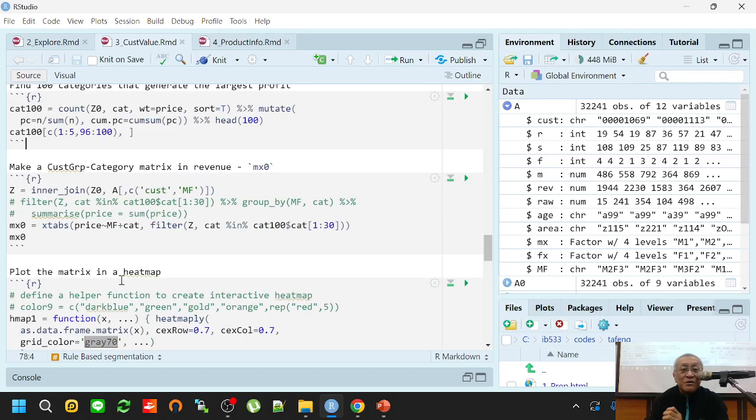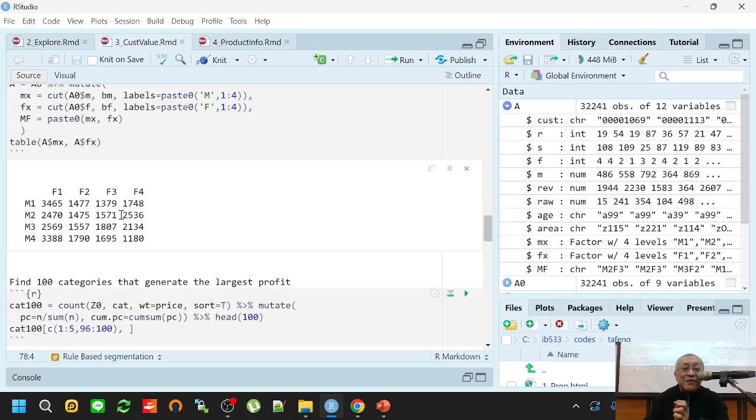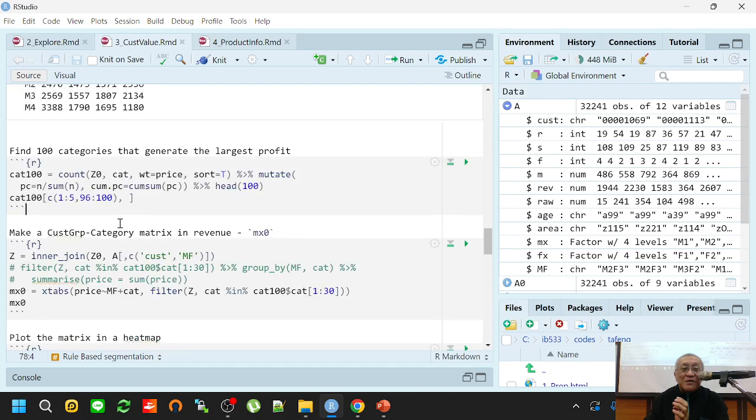So right now I want to do the other thing, that is I find out the 100 category that generate the largest profit.